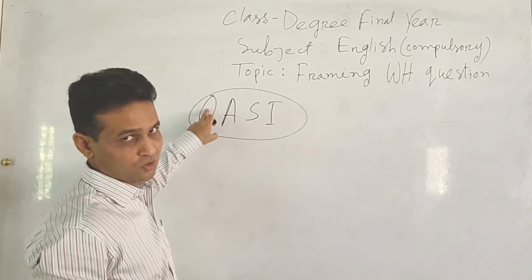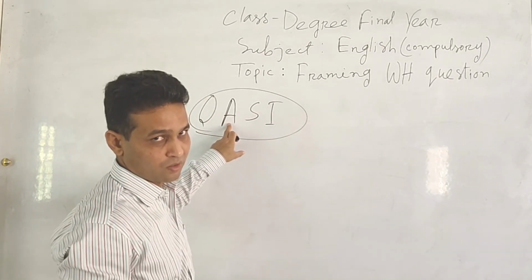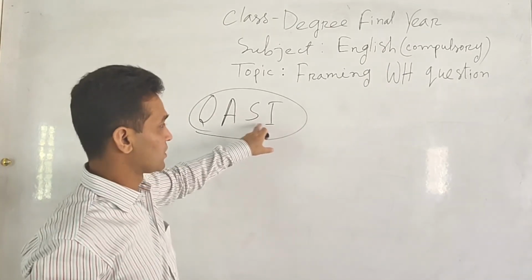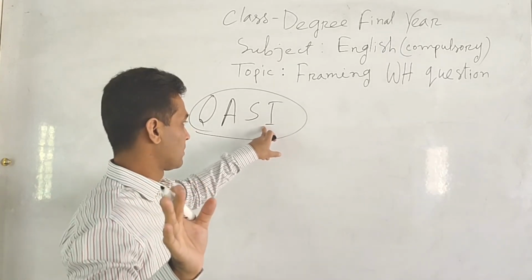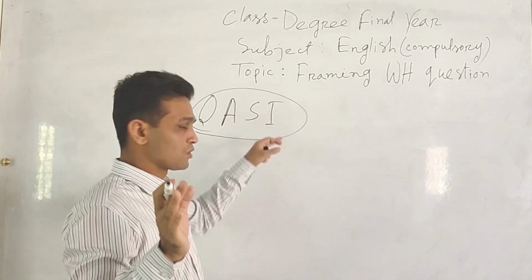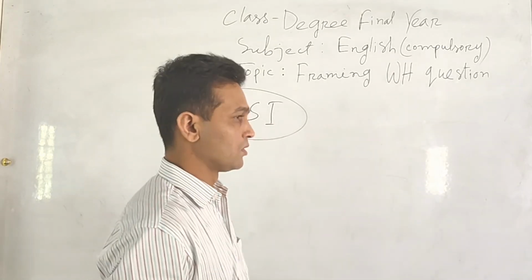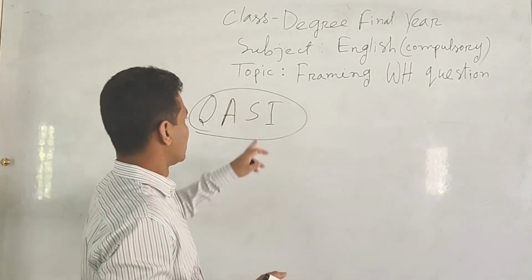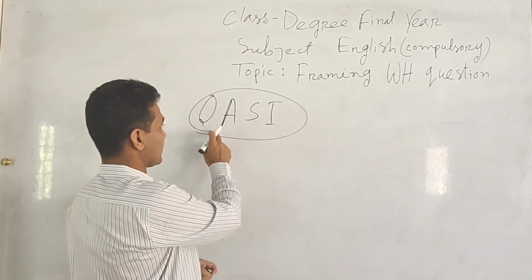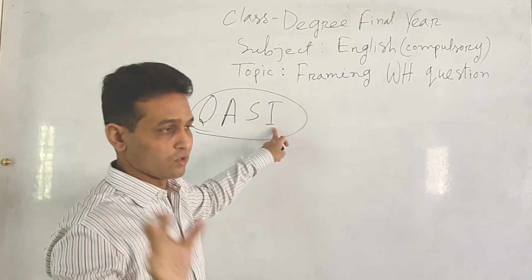Q is the question word, the auxiliary verb is used according to the tense of the given sentence, then subject, then infinitive without to, that means the present form of the verb, and you have to use an extension if it is given in the sentence. So from this structure, we can easily frame a WH question.